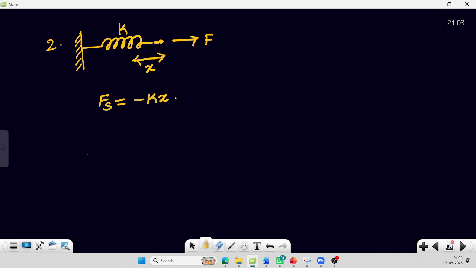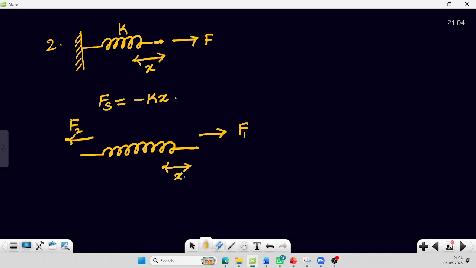Right. Now, let us say one more case. In this direction we applied some force, and in this direction also we applied some force, the same equal force. Do we have any elongation in the spring? Yes. Even if the forces are different, no problem.